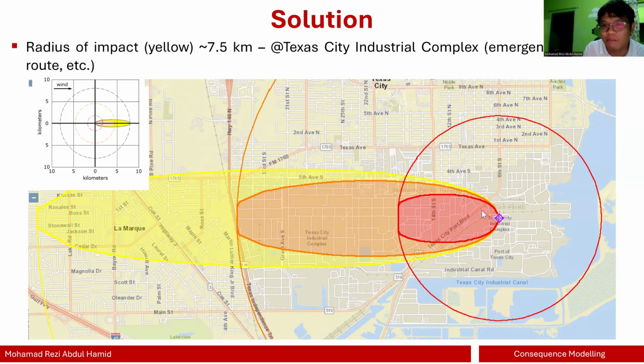This one is the map or radius of effects, radius of threat zone, if you specify a location, and this can be done using MARPLOT. I don't know why I got 7.5. Maybe I specified it slightly differently in the one that I did a couple of days ago, but whatever. You get what I mean.